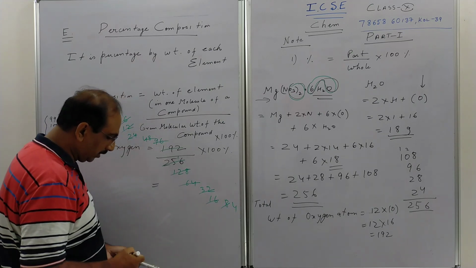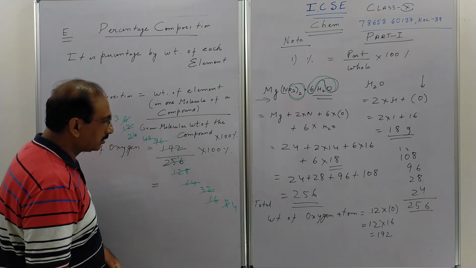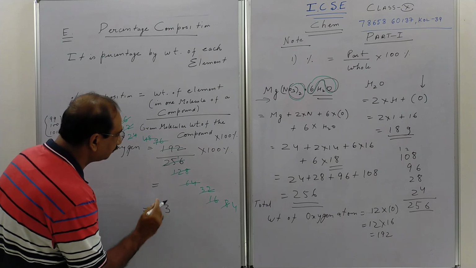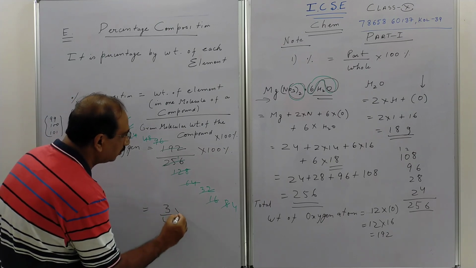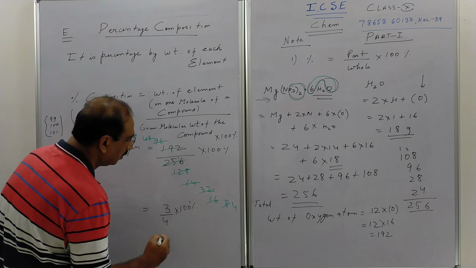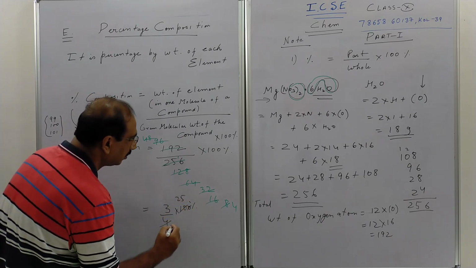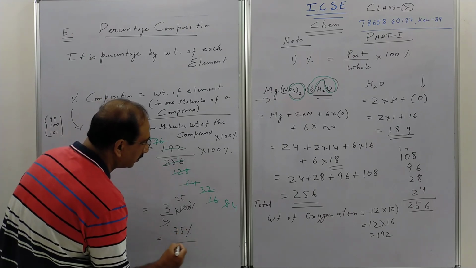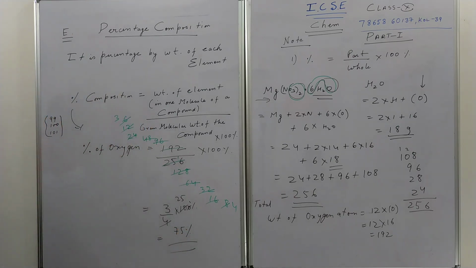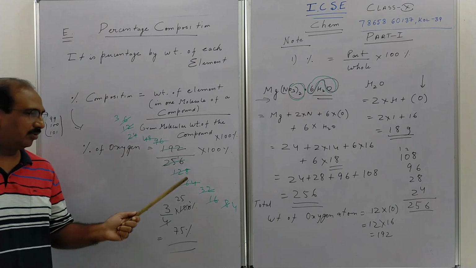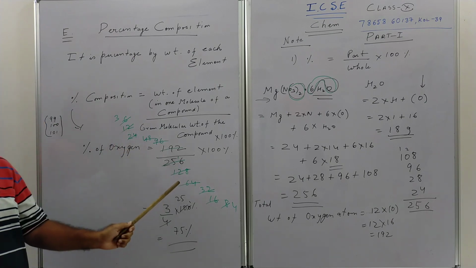So ultimately it is 3 by 4 into 100%. If you cancel, it will go by 25. So the answer is 75%.